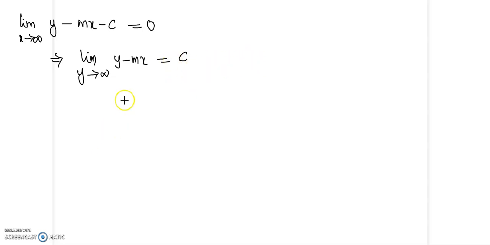We have y by x minus m, which will be equal to (y minus mx) into 1 by x.